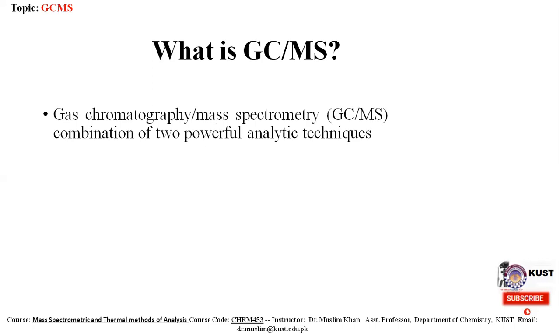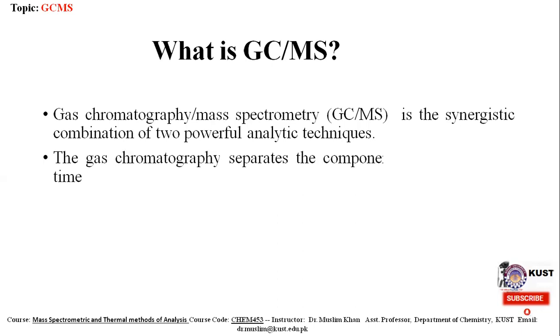What is GCMS? Gas chromatography mass spectrometry is the synergistic combination of two powerful analytical techniques. The gas chromatography separates the components of a mixture in time very well. So this is the strength of a GC, that it separates the components very well.